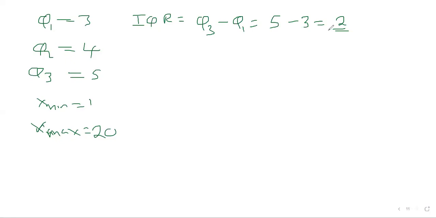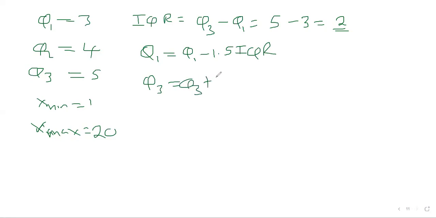We've got our interquartile range. And we can also calculate the lower extreme values and the higher extreme values. The lower extreme value is Q1 minus 1.5 IQR. The upper extreme value is Q3 plus 1.5 IQR.